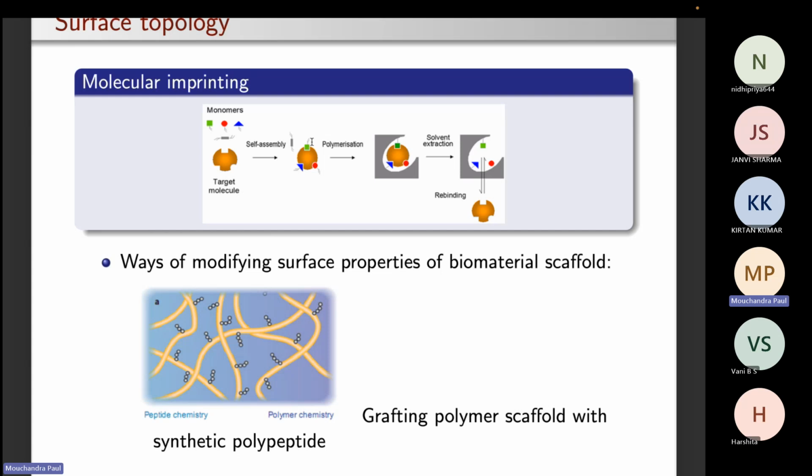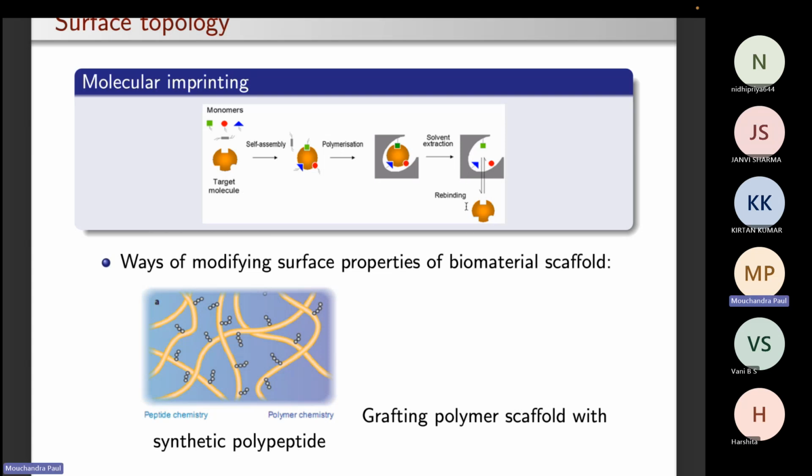In the presence of this structure, you cause polymerization of your polymer. Then you extract the target protein molecule, you remove it, and the sites where these specific groups have bound remain permanently attached to the polymer.